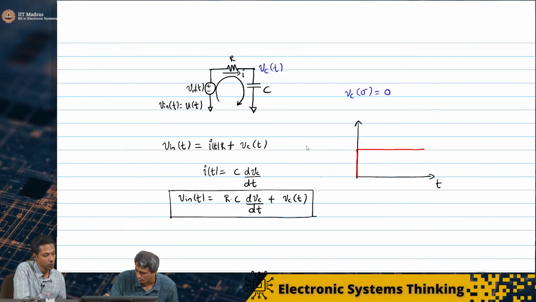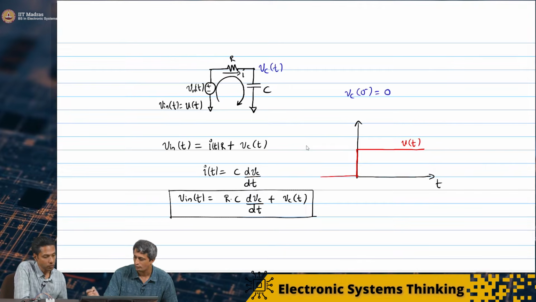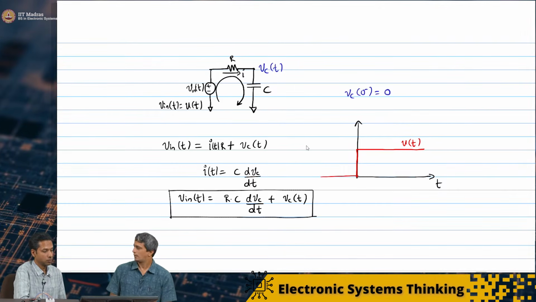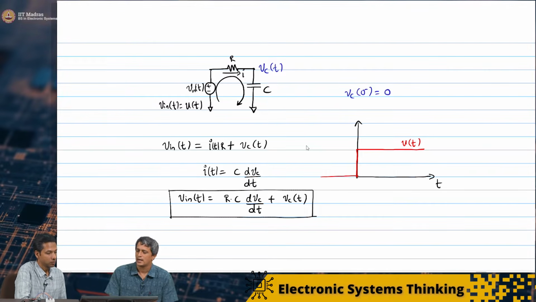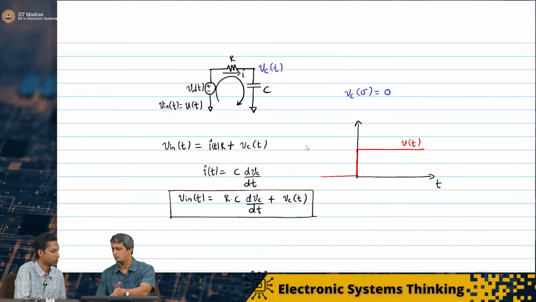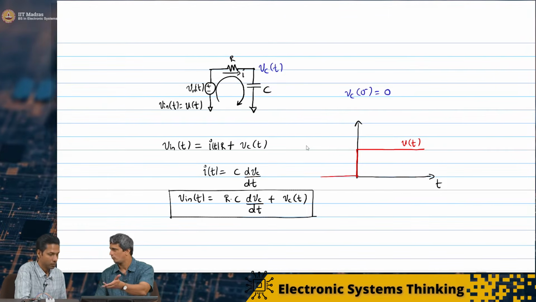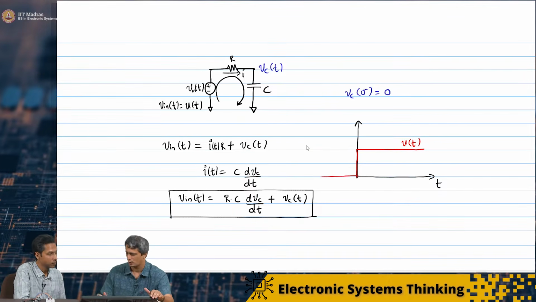Before that, it's going to be 0. This is the u of t function, and we will substitute that later. For all practical purposes, we will just assume this is 1 volt instead of 200 millivolts. It can be any amplitude, it really does not matter.